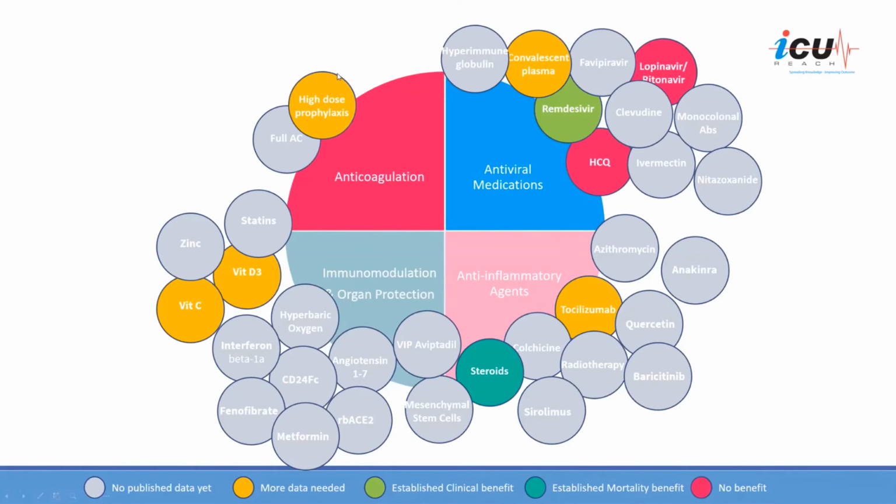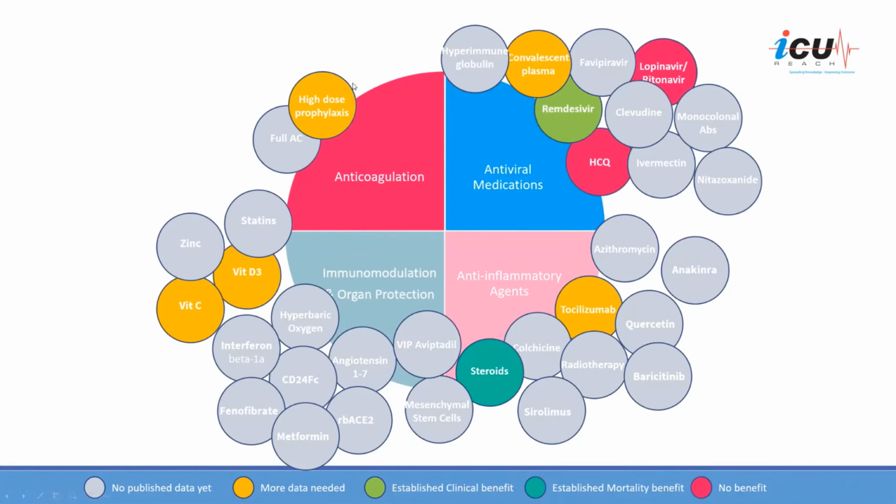The other things that are put here in orange are those medications or modalities that are very plausible. They make a lot of sense based on our observations, based on the results of autopsies, and that is applicable to anticoagulation.